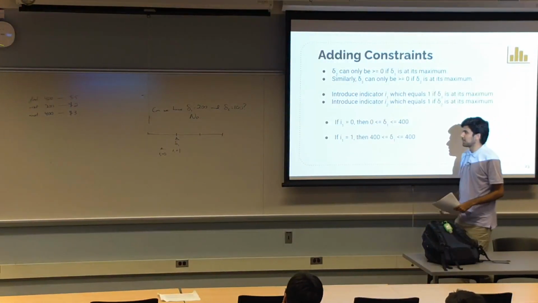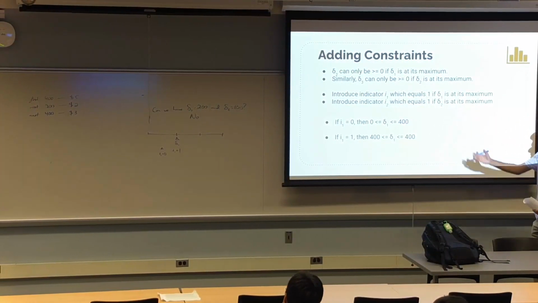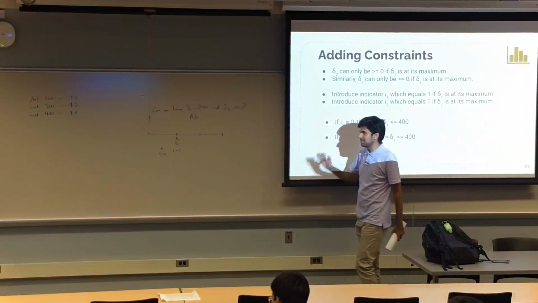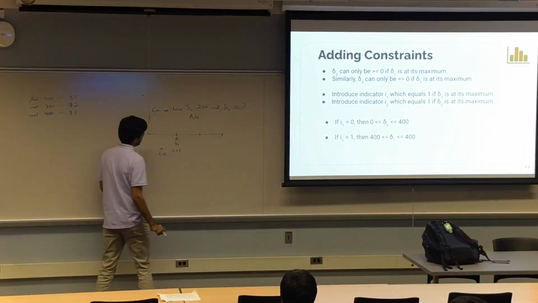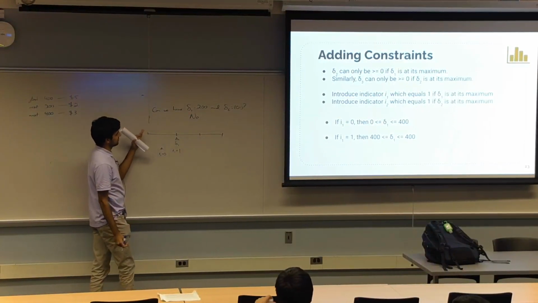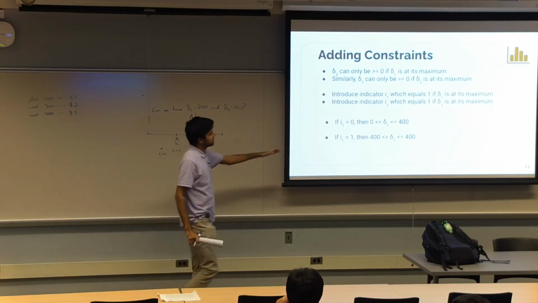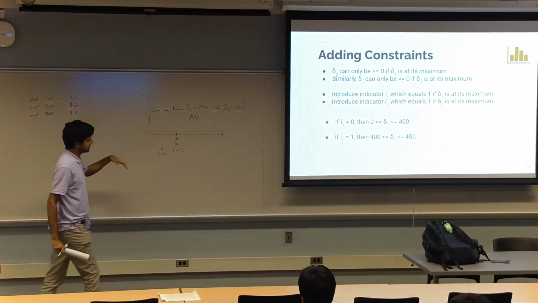So here's the important observation. This is basically exactly what I just said, but in terms of math. If I1 is equal to 0, that means delta 1 is not at its maximum, so it could be anything in between 0 and 400. And we'll be very liberal with our use of equality here. It's just the boundary, forget about it.